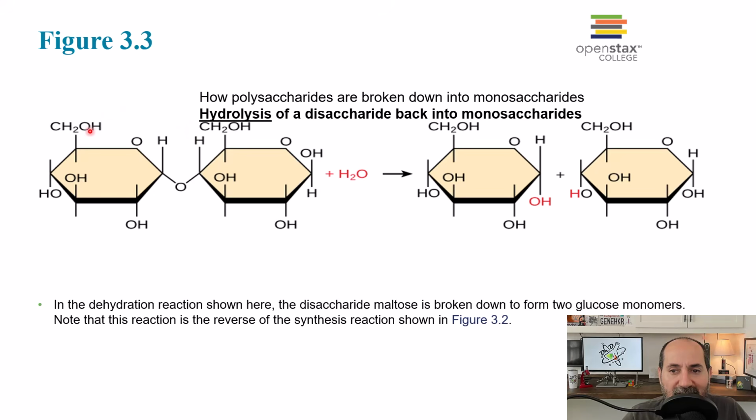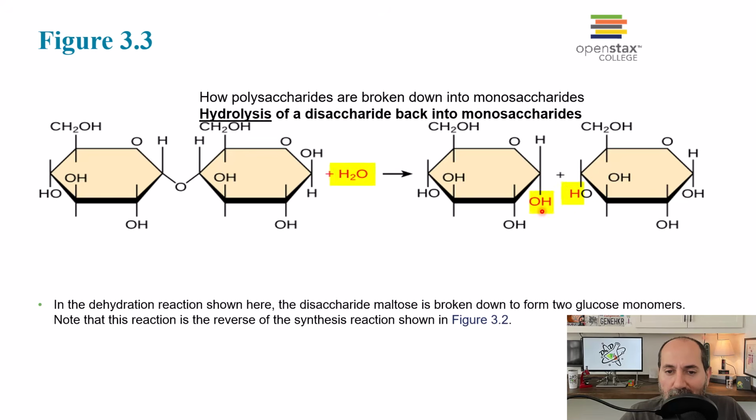So here I have a disaccharide. This is maltose, so two glucose molecules. And I want to break them back apart into monosaccharides. How would I do that? Remember, this time I would use water. See? I use water to attack the glycosidic linkage, thereby breaking that bond, breaking the glycosidic linkage, freeing the two glucose monosaccharides from one another.